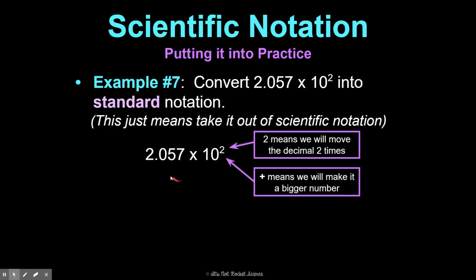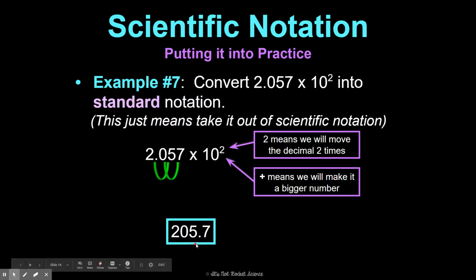And because it's positive, we're going to make this a bigger number, meaning that our decimal is going to move this direction. I'm going to get 205.7 as the original number I'd start out with before I turned it into scientific notation. So standard notation is just my original number without all the fanciness at the end.